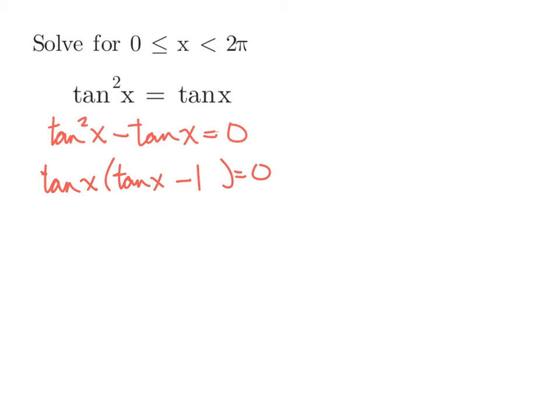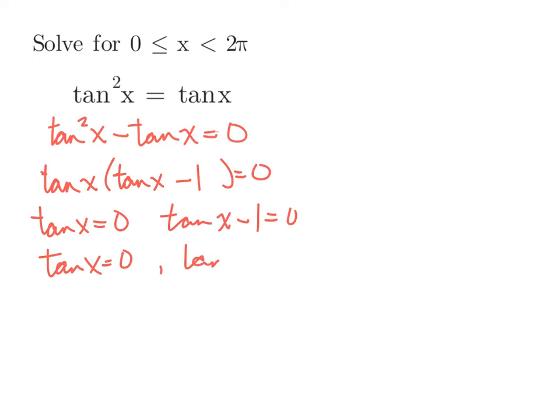So we have two factors that when multiplied together equal 0, and we have that zero product property. This says that the tangent of x would have to equal 0, or the tangent of x minus 1 would have to equal 0. So tangent equals 0, or tangent equals 1.